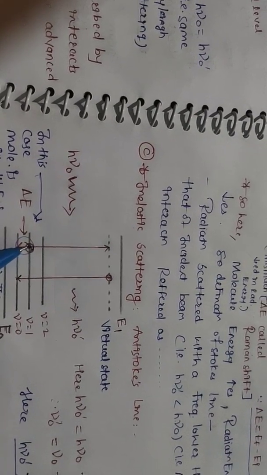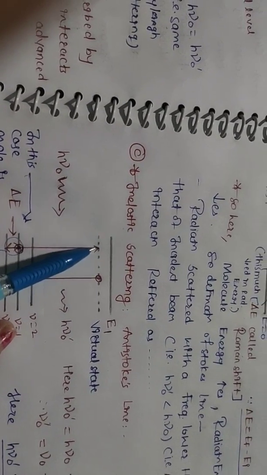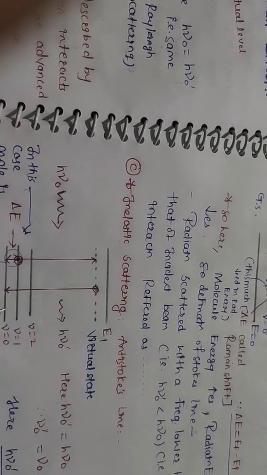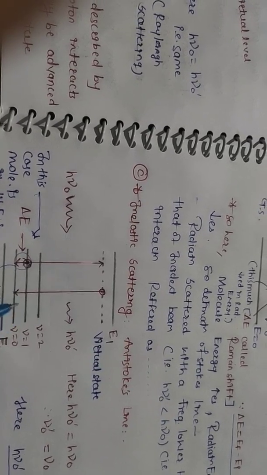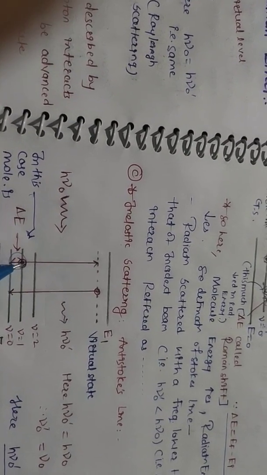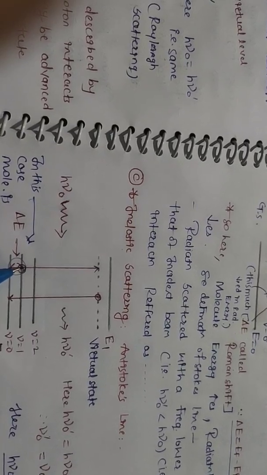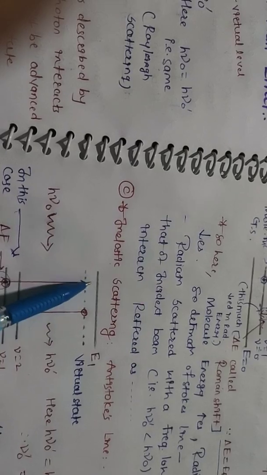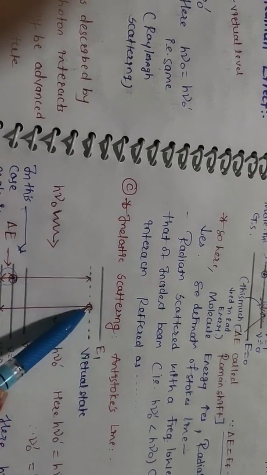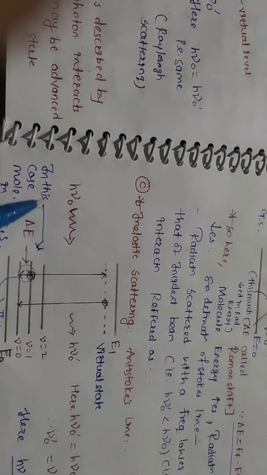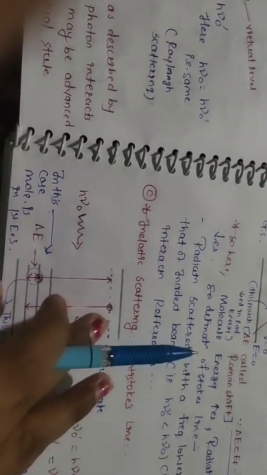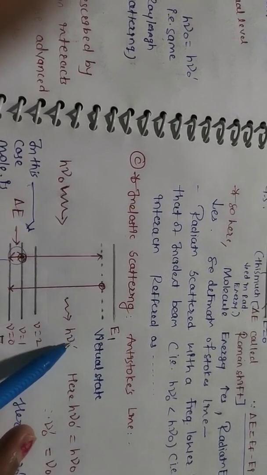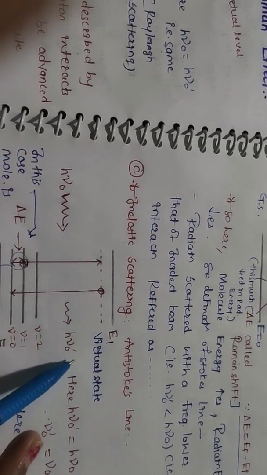From the first excited level, the molecule goes to the virtual state, and then comes back to the ground vibrational level when we hit the incident photon on the molecule. Just remember this. Then again we get the scattered photon, that is h nu naught prime.